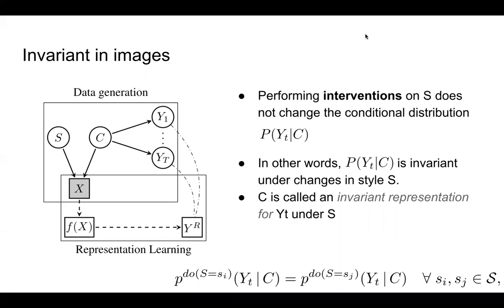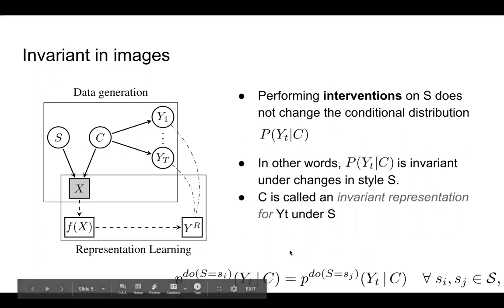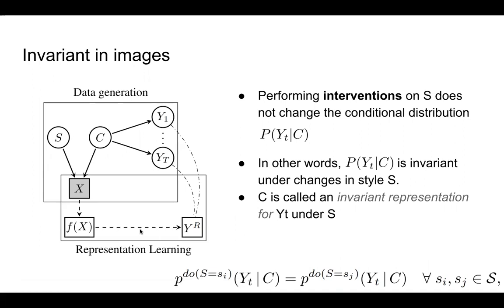The formalization of this invariant representation can be written down as the equation here. We can see that this conditional distribution P of YT given C is the same under different interventions of S. Here, the do is another operation in causal inference.